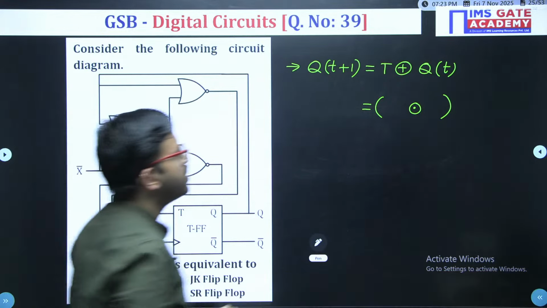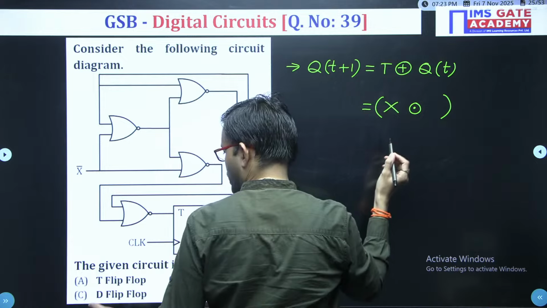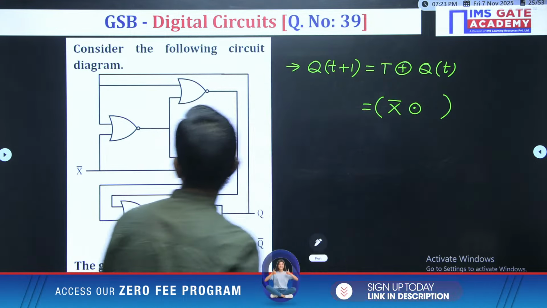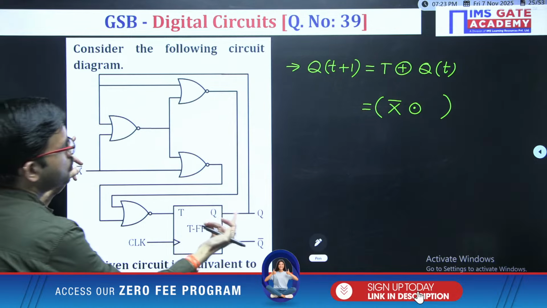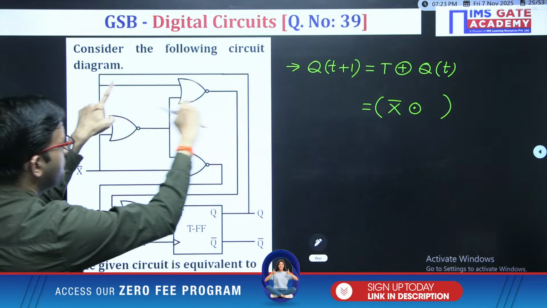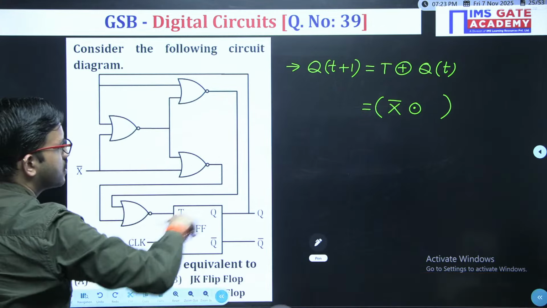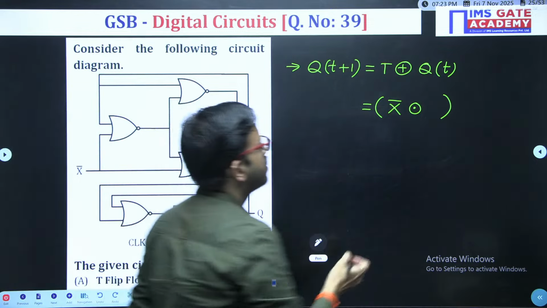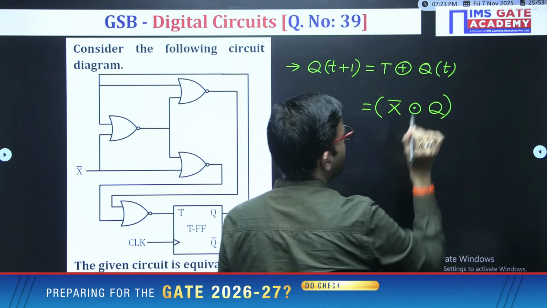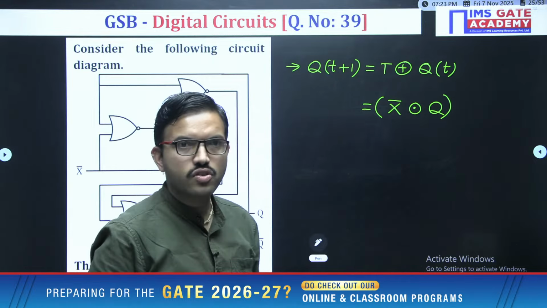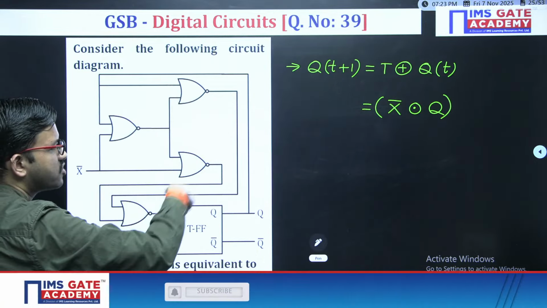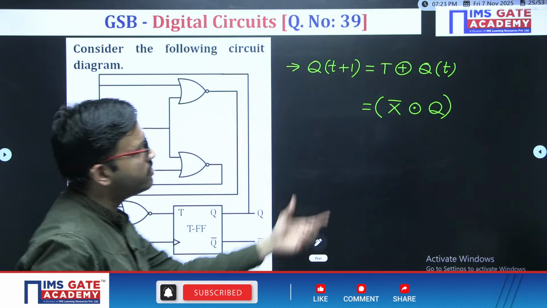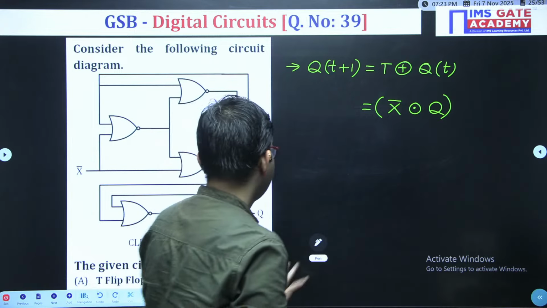One input is X bar, and the other input is Q. For this whole logic circuit you have 2 inputs, X bar and Q, and among those two variables you are performing XNOR, because this whole configuration is nothing but XNOR. In your free time, whoever doesn't know that this circuit is XNOR can give it a try. Definitely you will get XNOR only.